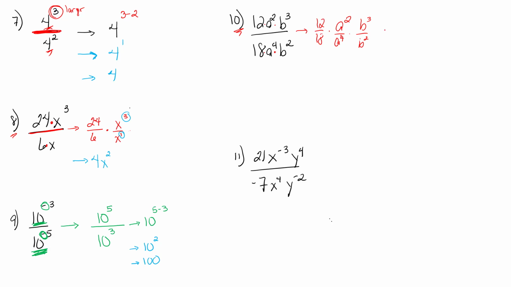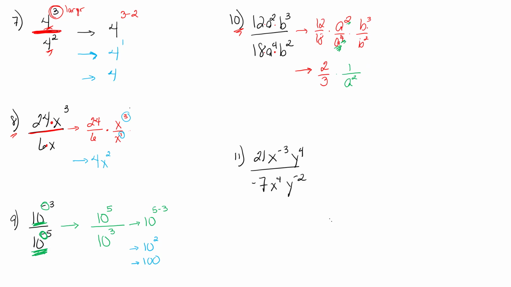So, easy enough. 12/18 we're going to reduce by 6. The A's. I'm noticing in this particular case that I have more A's on the bottom. So that means my answer is going to go on the bottom. And I'm going to take the larger exponent minus the smaller exponent. That'll give me 2. And there's going to be 1 on the top because everything canceled out from the numerator.